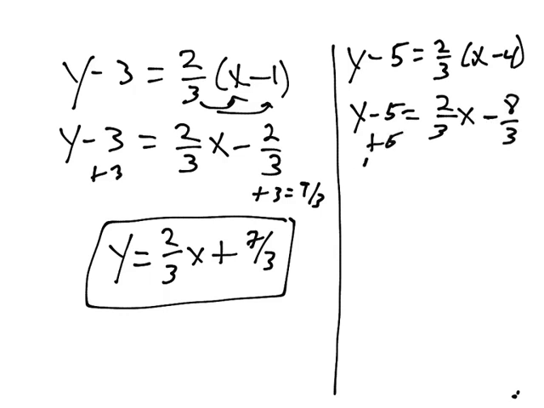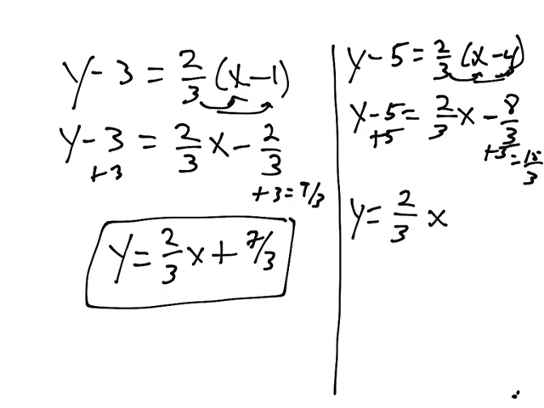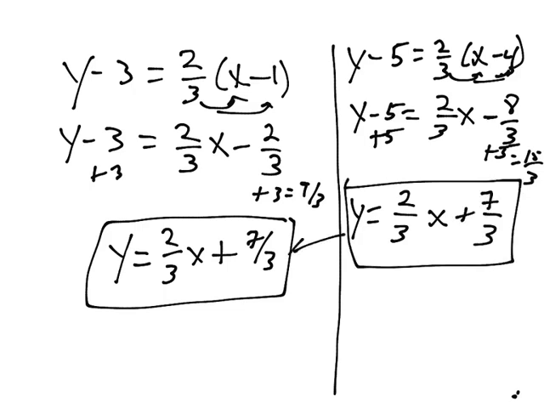Then we'll add 5 to both sides. Well, 5 is the same thing as 15/3. So we end up with y equals 2/3 x, negative 8/3 plus 15/3 is positive 7/3. The exact same form that we got. It's just a little more compact.